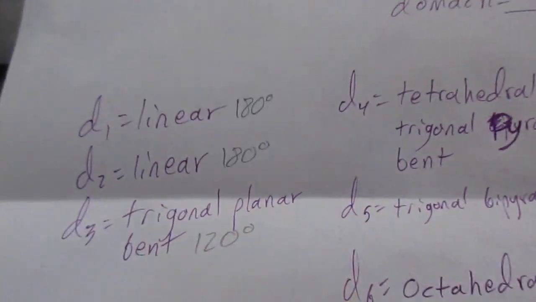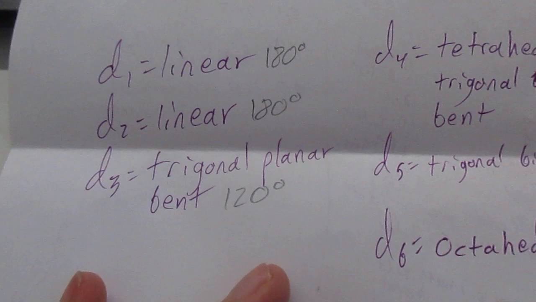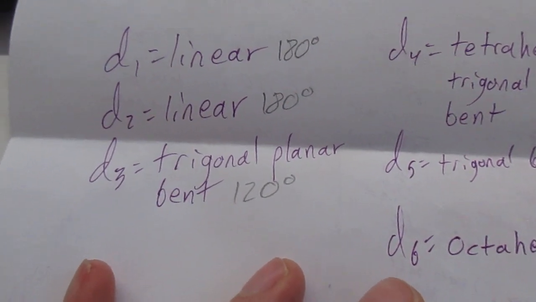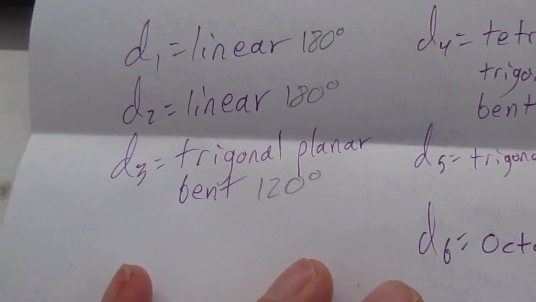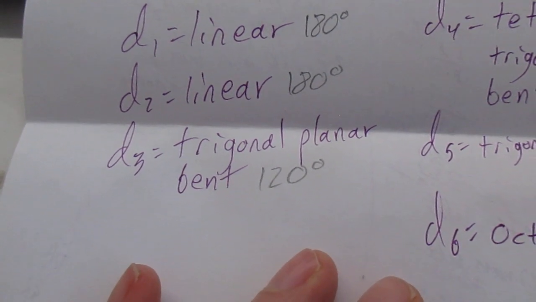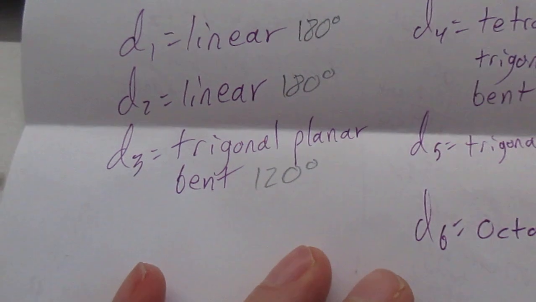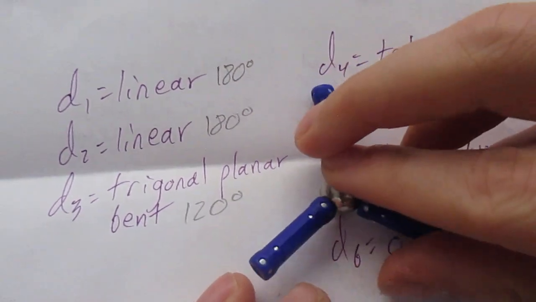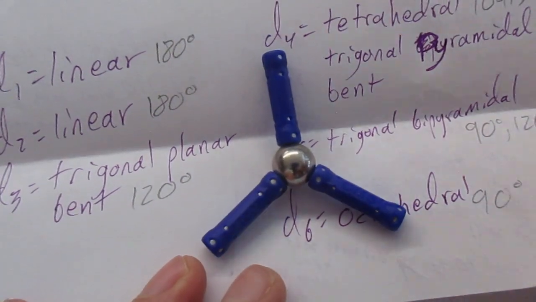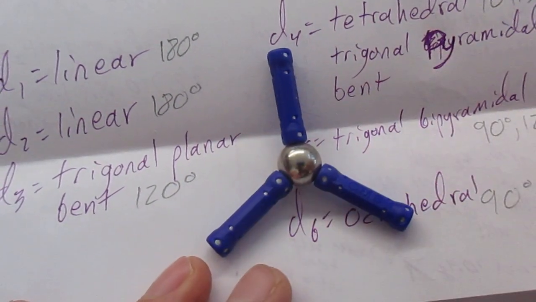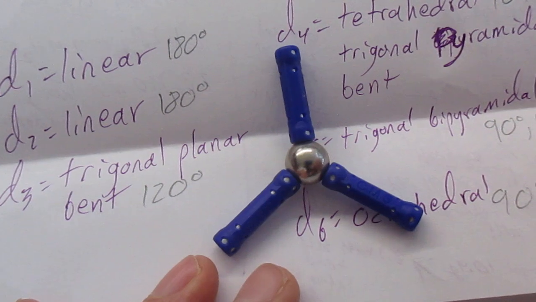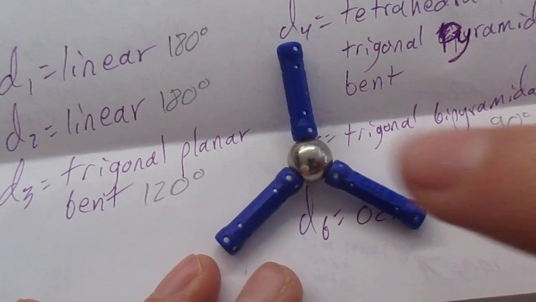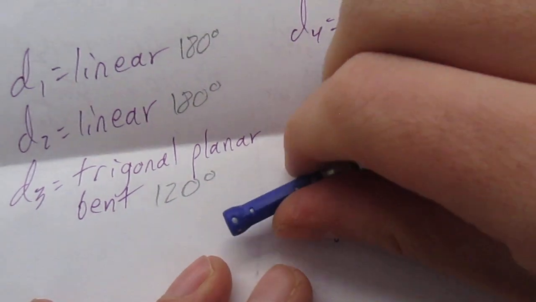When your domain goes to 3, however, you create the trigonal planar shape we've talked about. I apologize, this one's magnetic, so it just stuck to something. Here, 3 things need to separate. 1, 2, and 3. And maybe one of these is an electron pair. But because there are 3 things now, you can't do 180.